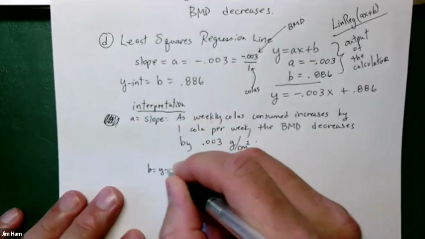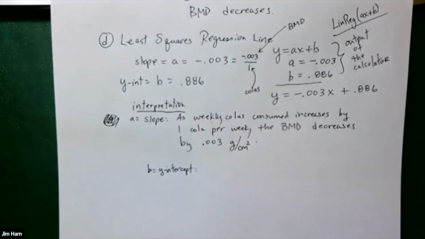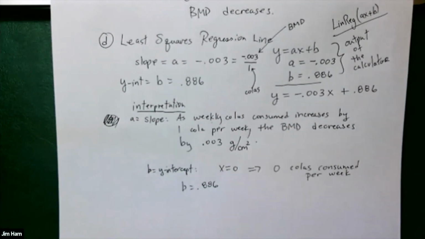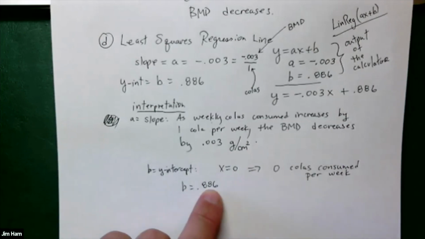Next, we have the y-intercept. Generically, the y-intercept is the y value when x equals 0. X equals 0 corresponds to 0 colas consumed. Okay, so we're going to say something like this. We would estimate that for a person who consumes 0 colas per week, that their bone mineral density would be 0.886.